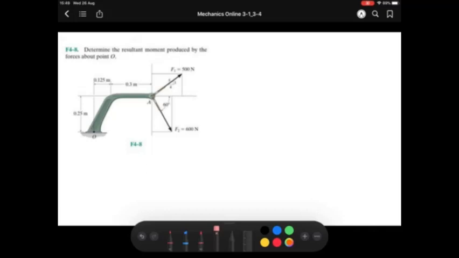Determine the resultant moment produced by the forces about point O. So we have two forces here, and you have to find the moment at point O. Actually, if you use the concept of moment equal to force multiplied with the distance that is perpendicular to the line of force, you have to extend the line of force like this and make sure you get some d here.